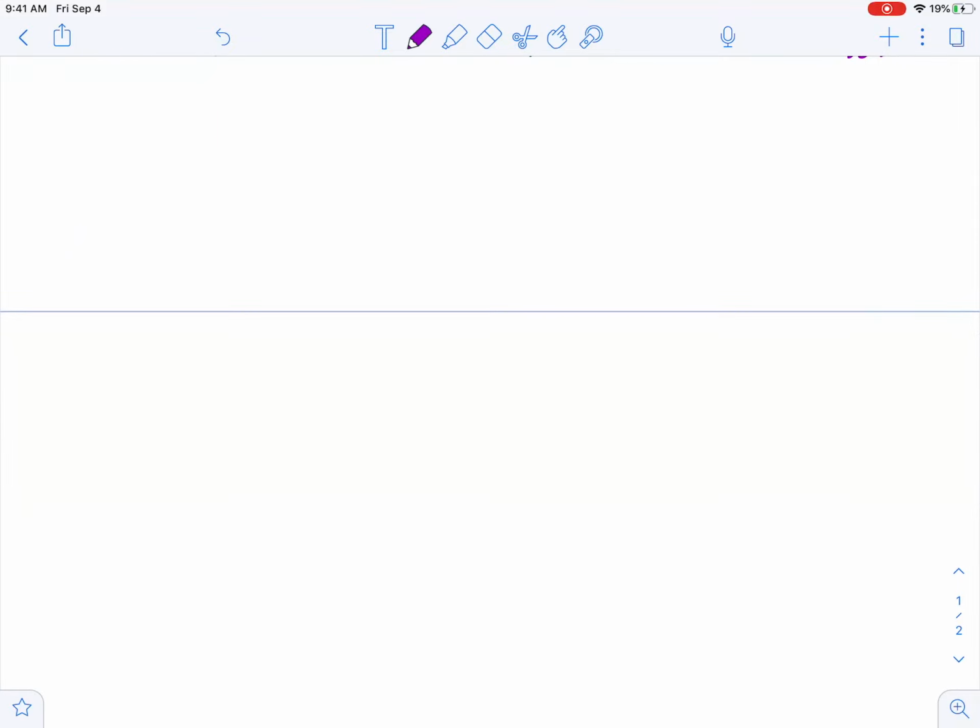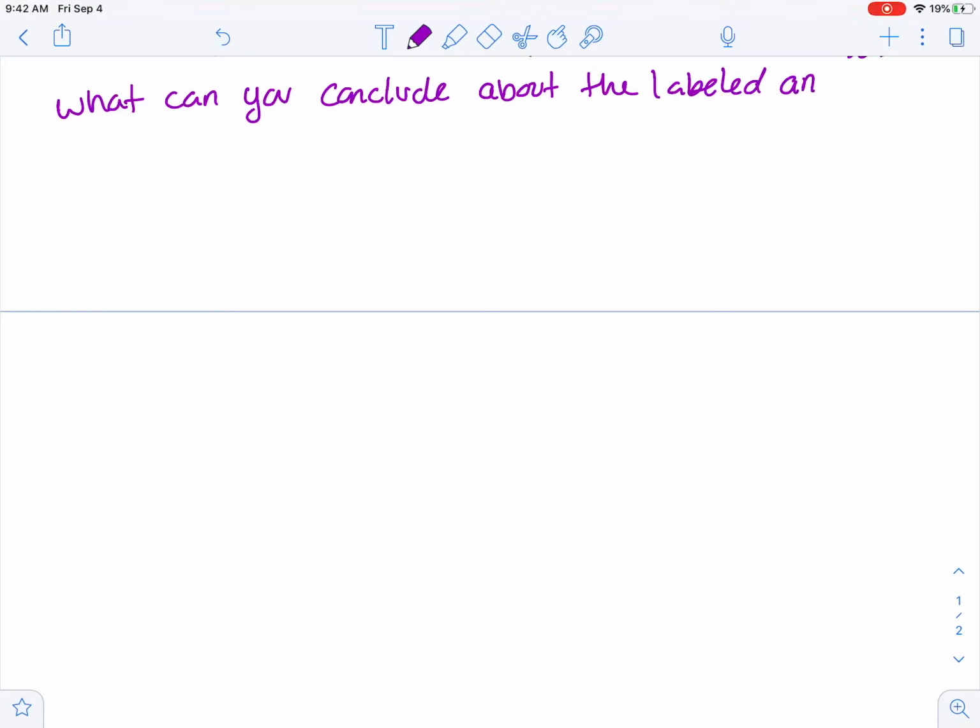All right, there's one more type of example that I would like for you guys to see. So for this one, the directions are, what can you conclude about the labeled angles? Okay, so the first one, this is our example 5.